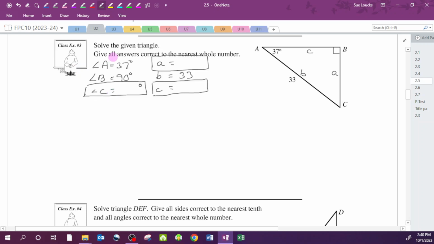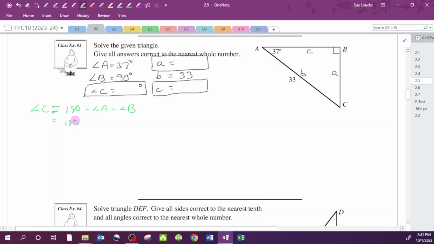The first thing that's going to be the easiest to find is my angle C. You know how I'm always nagging you to keep your work neat? This is going to make life so much easier for you if you do. So I'm going to do angle C first, and this colon means this is where I'm going to figure out angle C. Angle C is going to be 180 minus angle A minus angle B, because the three angles always add up to 180 degrees.